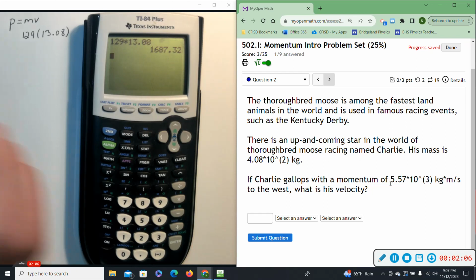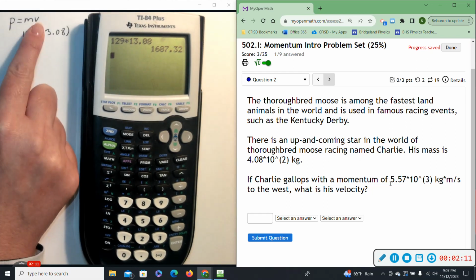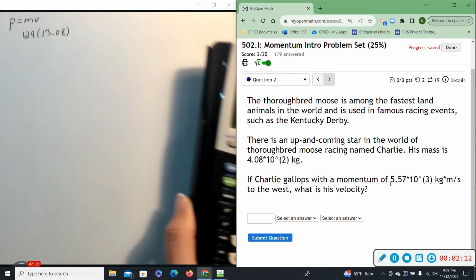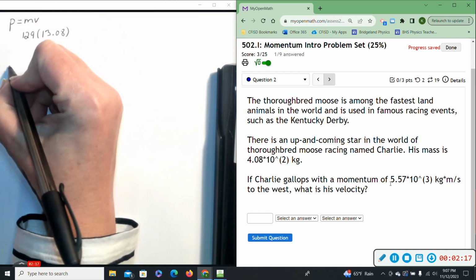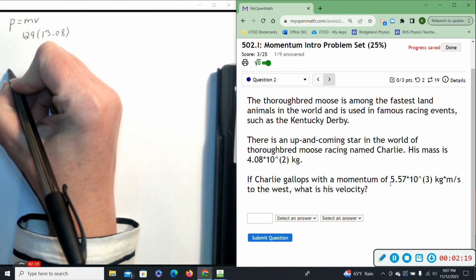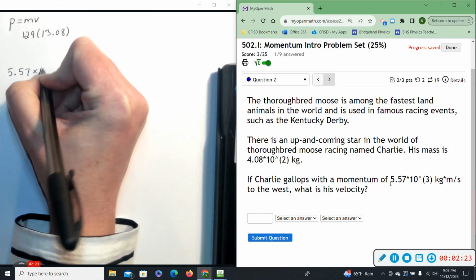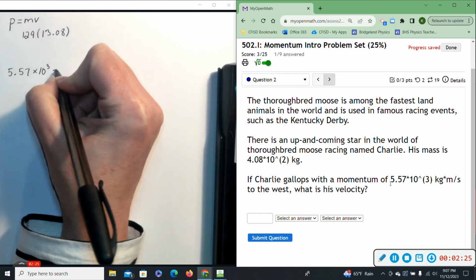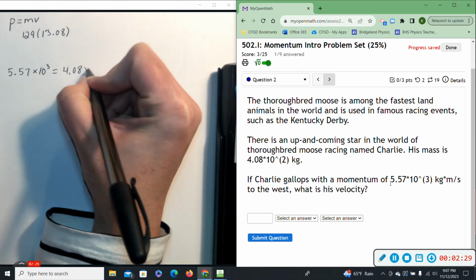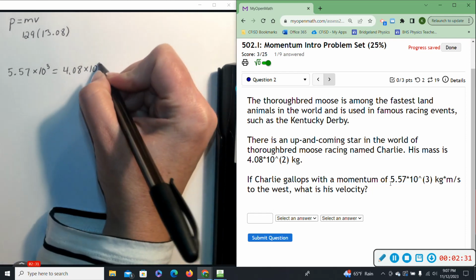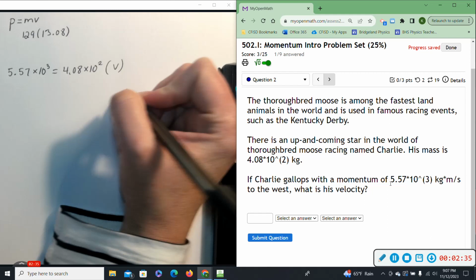except this time, same equation, but this time they gave us the momentum and they are asking us to solve for velocity. So when we substitute in for this problem, again, now we have the value for p. The momentum is 5.57 times 10 to the third equals, the mass is 4.08 times 10 to the second, and we're solving for velocity.